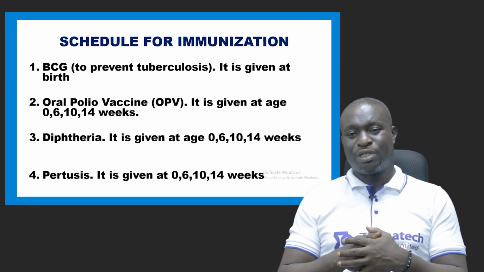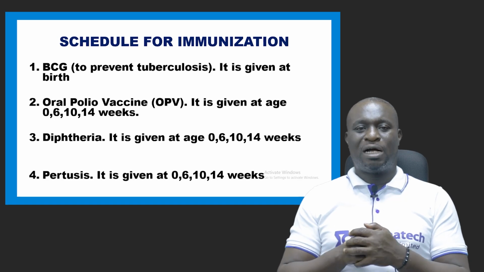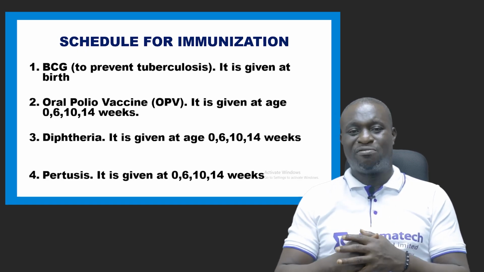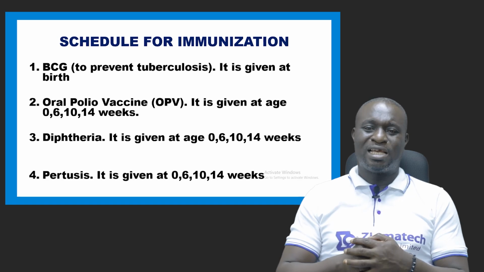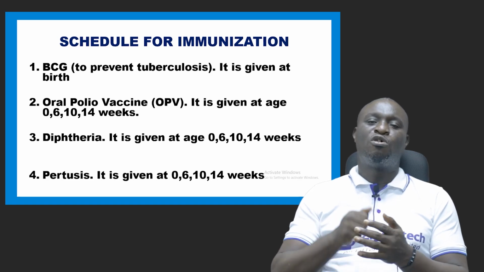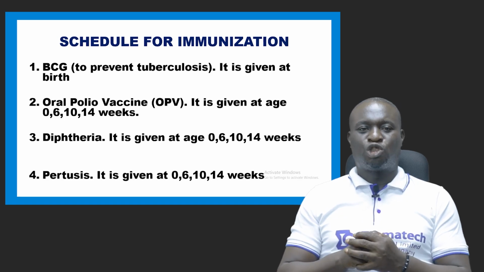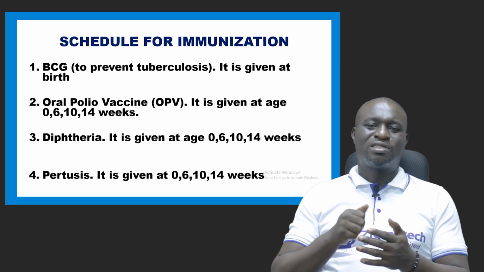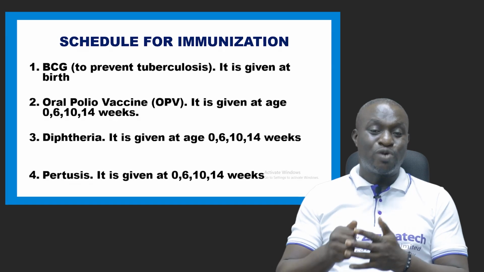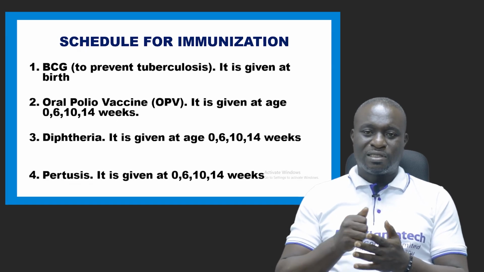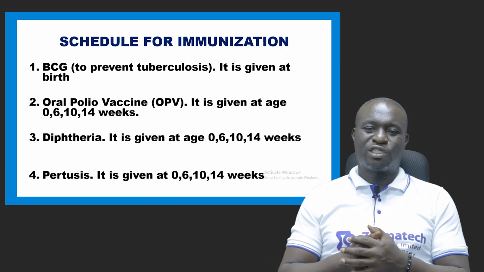Another type of vaccine is the oral polio vaccine, the OPV. It is given to children at 0, 6, 10, and 14 weeks old.